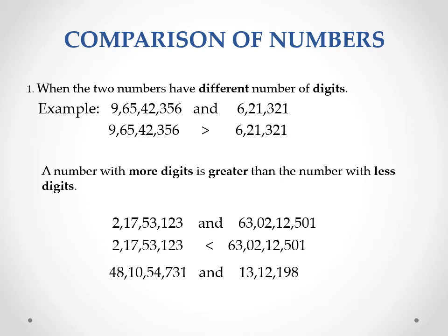The first number has 9 digits and the second one has 7 digits. So 9 digits is greater than 7 digits. Therefore, 48 crore 10 lakh 54,731 is greater than 13 lakh 12,198.